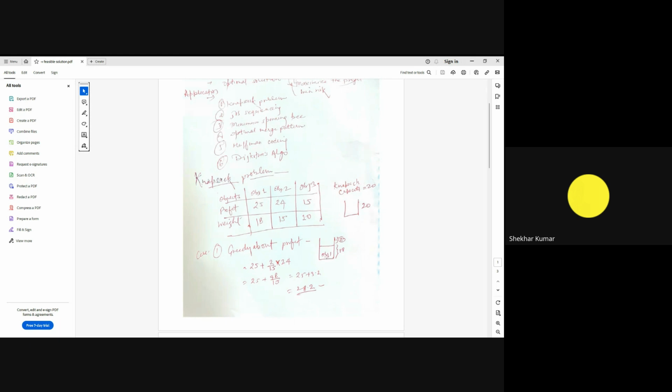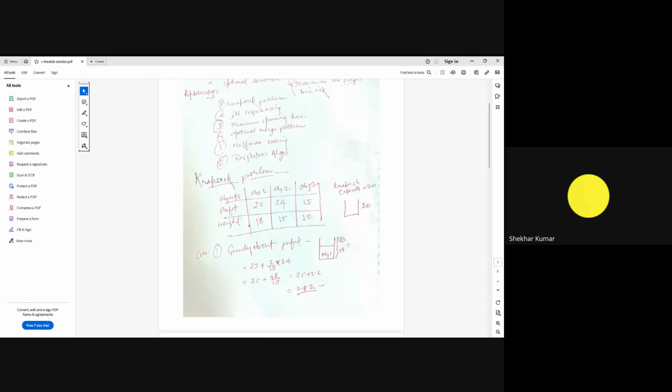At first we will put it in the knapsack. The knapsack capacity is maximum 20, but the weight of object 1 is 18. Now we will put object 1 here, so the weight 18 is here. Still we have two units, because the maximum capacity is 20.